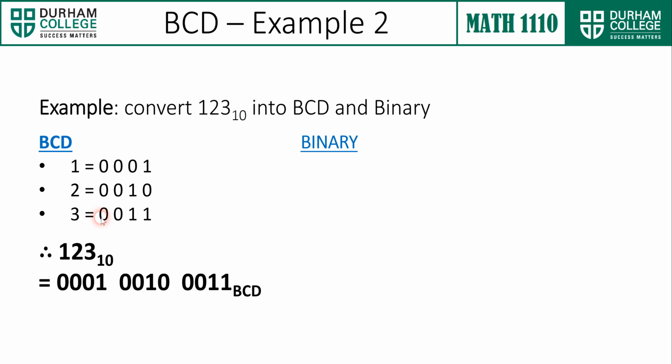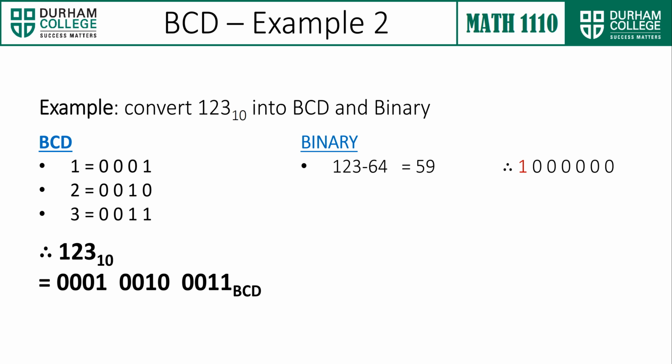So now let's look at the difference between binary coded decimal, BCD, and binary, because it should be pretty clear to us by now. Let's say I'm trying to represent the same number, which is 123, in binary as well. So I'm just going to recap the process of converting a decimal number into binary.